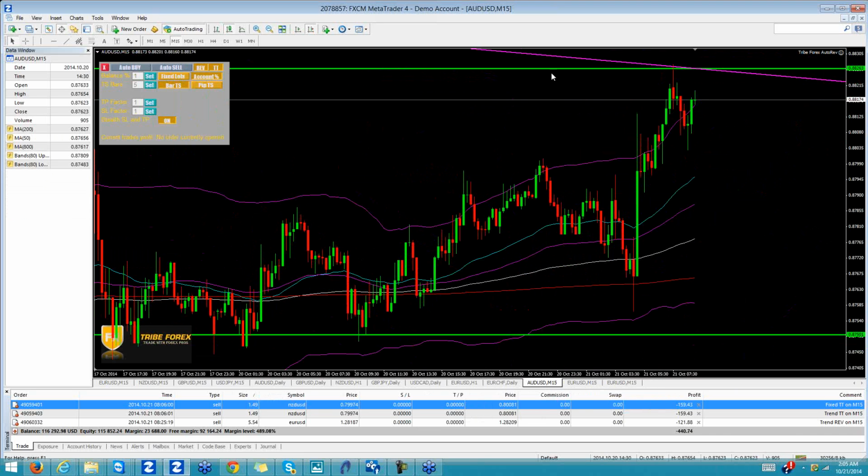So we've got a lot of resistance on all these pairs right now. It just bodes well for a sell from a technical standpoint, and honestly from a fundamental standpoint as well.